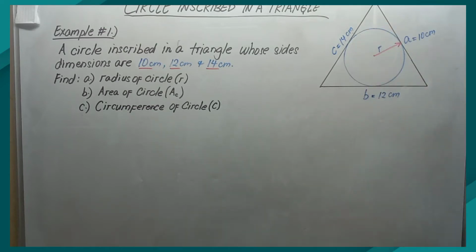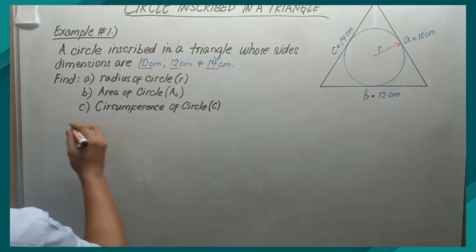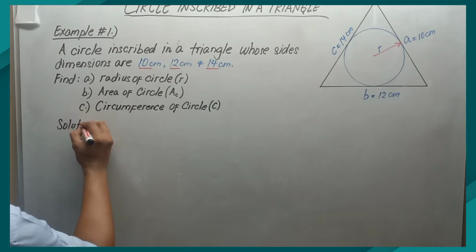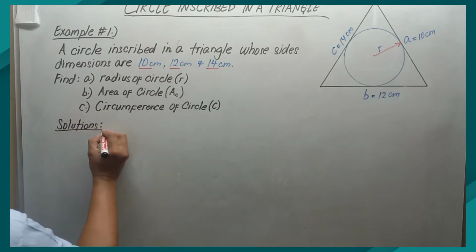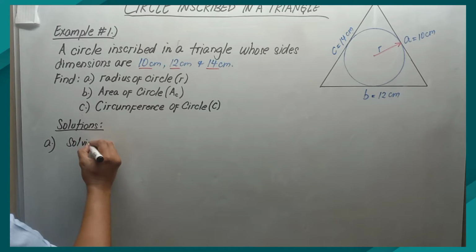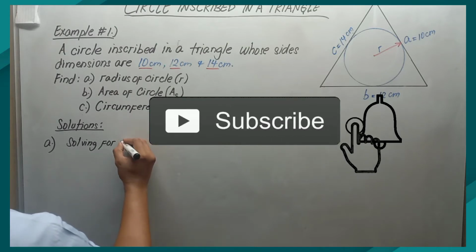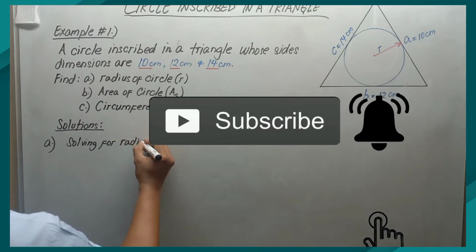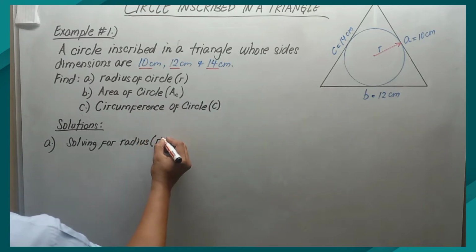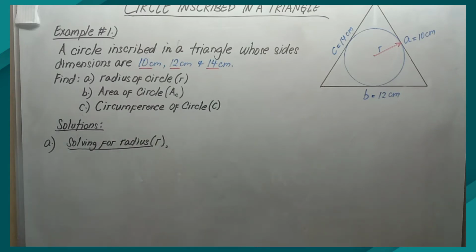So, solution guys. In order to calculate the requirements, first, solving for the radius. How will you find the radius for this particular problem where the three sides are given?